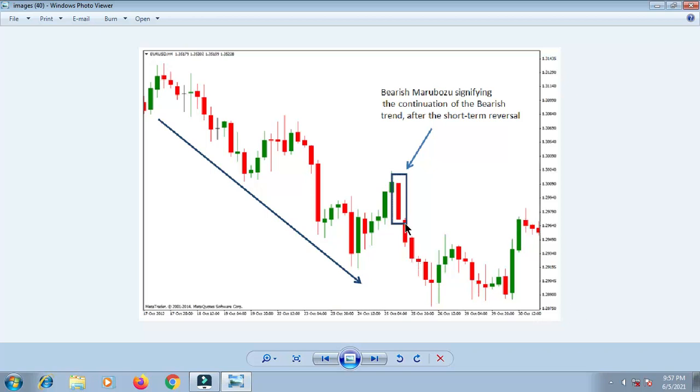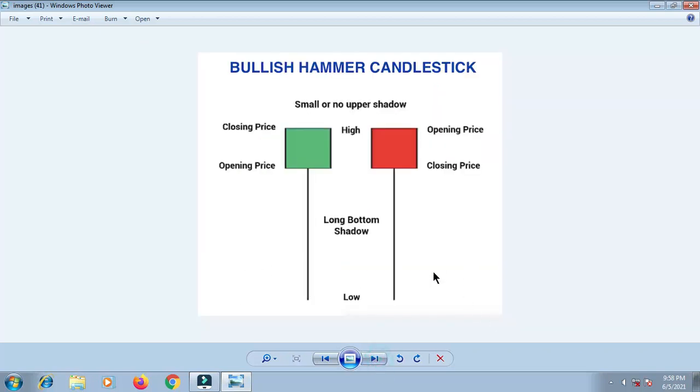Here also, with a big red Marubozu candle, we could have taken our trade at the bottom of this big red candle, with a 1:2 target and stop loss at the top of this candle. It can act both as a reversal pattern as well as a continuation pattern. In this case it is forming a continuation of the trend, and in the previous example it formed a reversal of the trend.